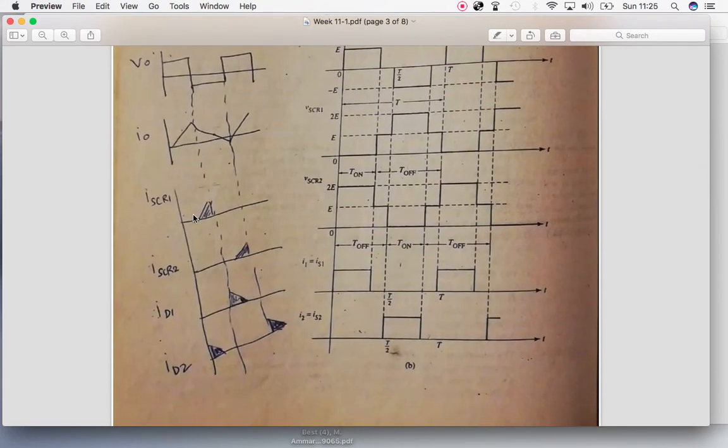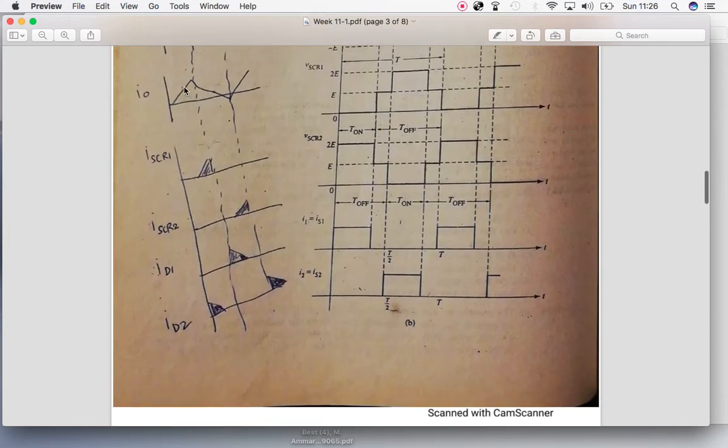And when both the voltage and current are at the positive level, then we put an indication on the side of the SCR currents, because when both the voltage and current are either positive or negative at the same time, then we put the indications of the SCR currents.